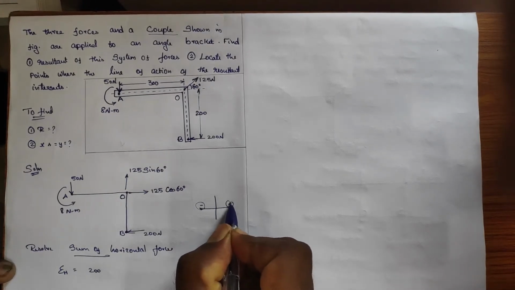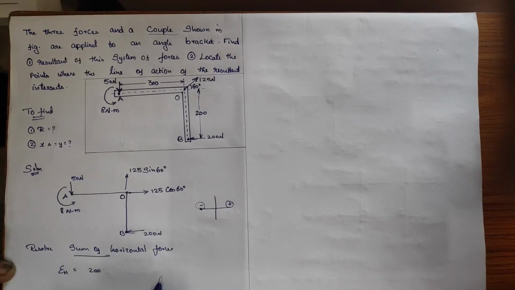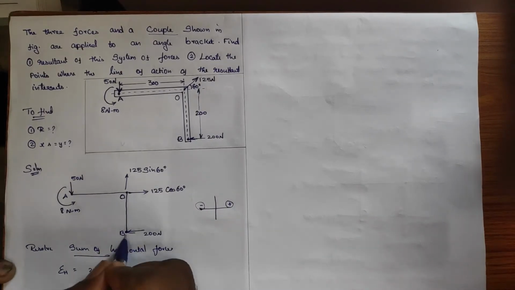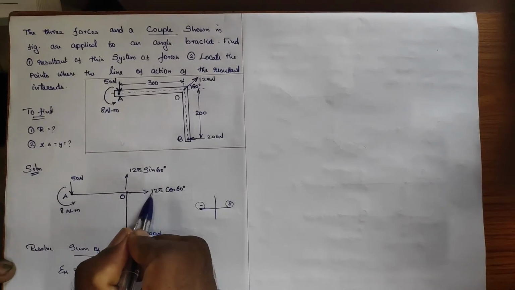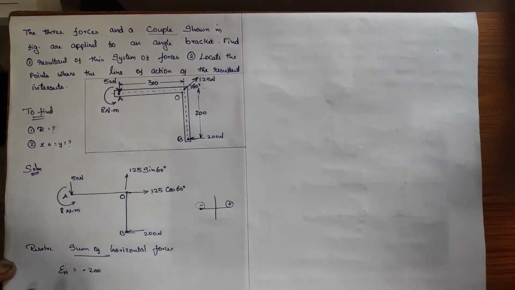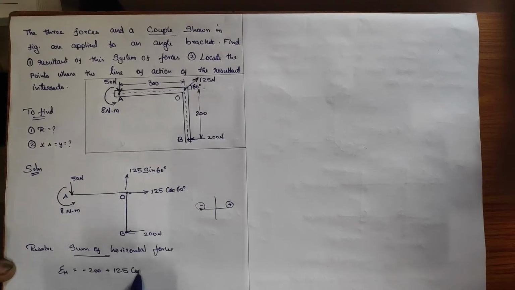If it is directed towards right, then it is positive. So this was 200 Newton, negative, and here comes one horizontal force which is directed right side, which is a positive one, so plus 125 cos 60 degree.